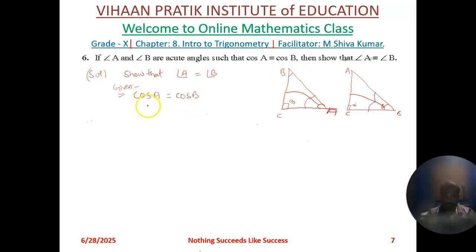So first we'll write cos A for triangle 1. Cos A equals adjacent by hypotenuse. Here adjacent is AC, hypotenuse is AB.